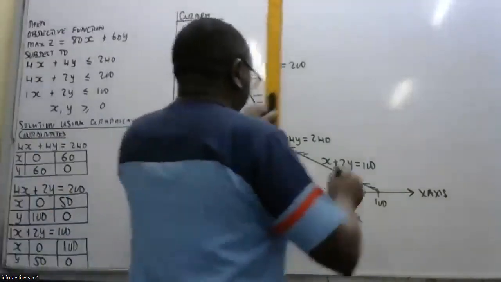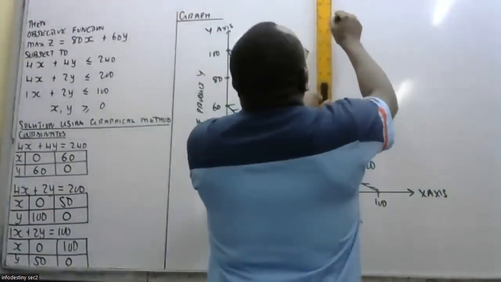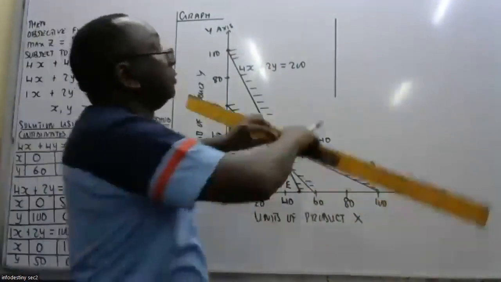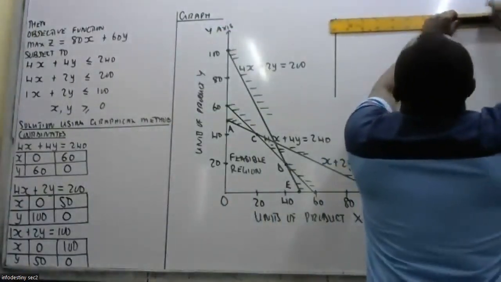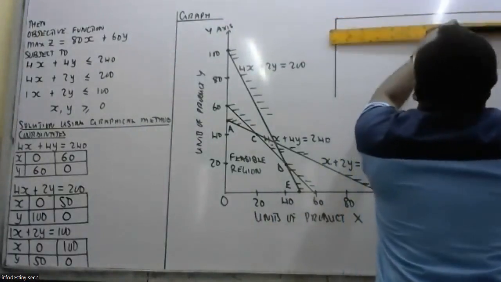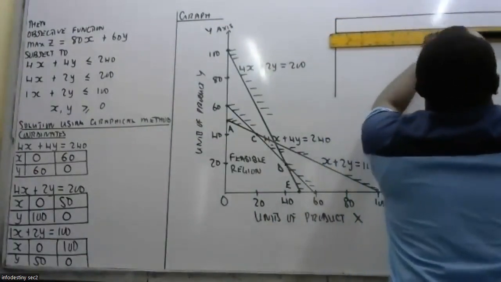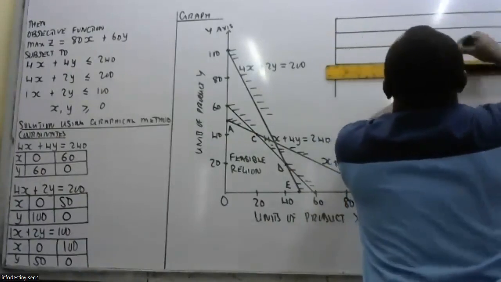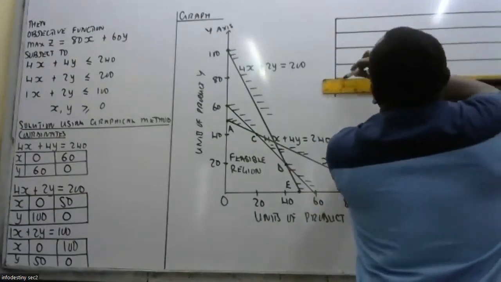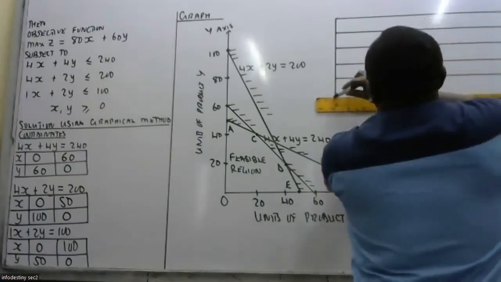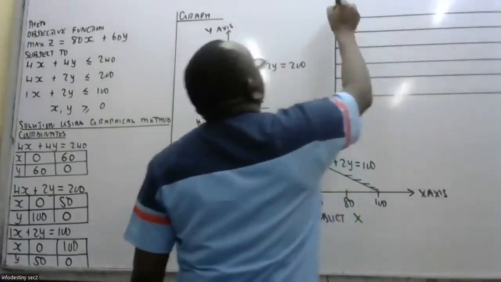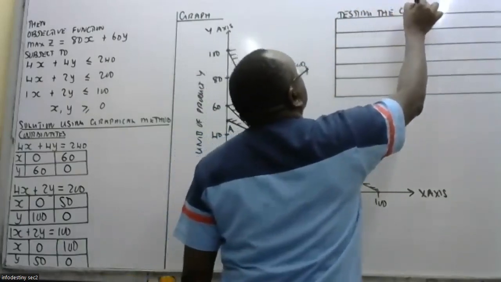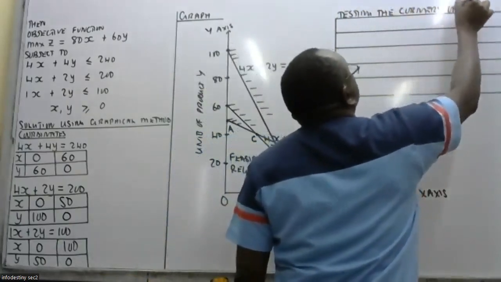So let's now test the corners. Testing the corners of the feasible region.